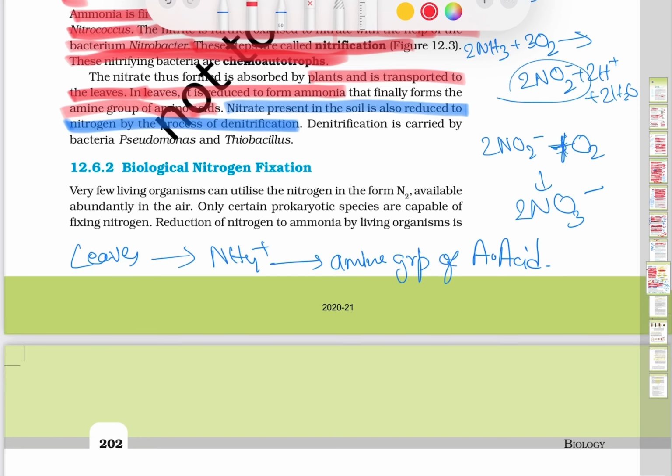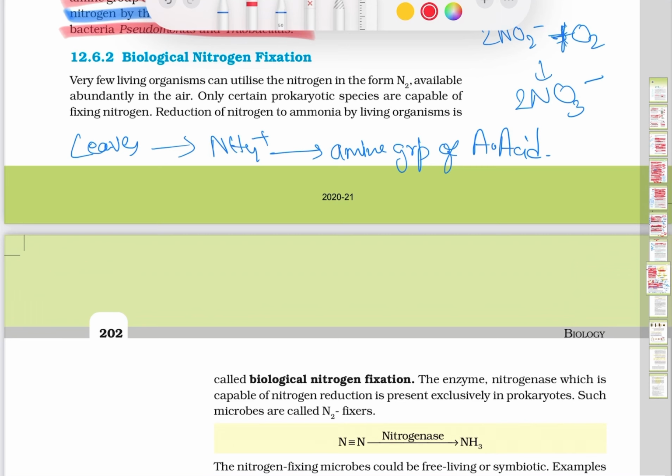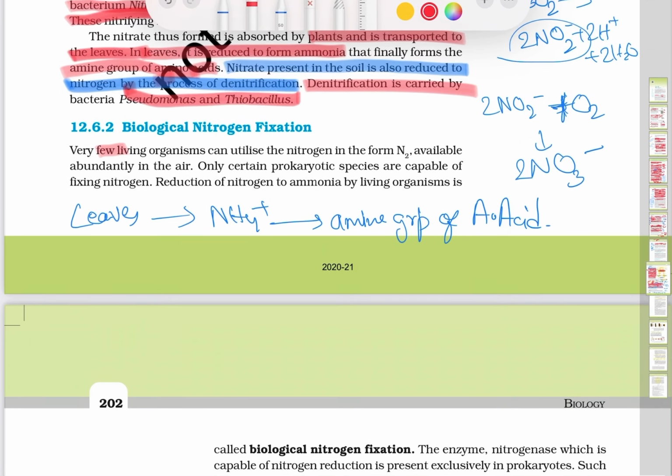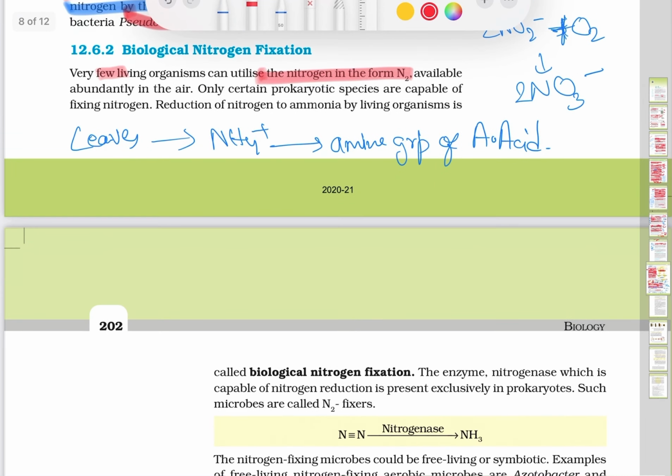Very few living organisms can utilize nitrogen in the form of N2, which is abundant in the air. Only certain prokaryotic species are capable of fixing nitrogen. Reduction of nitrogen to ammonia by living organisms is called biological nitrogen fixation.